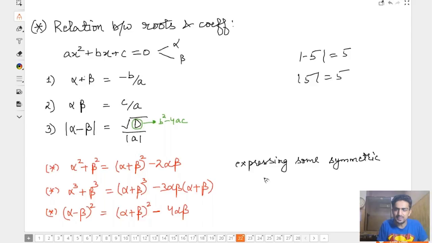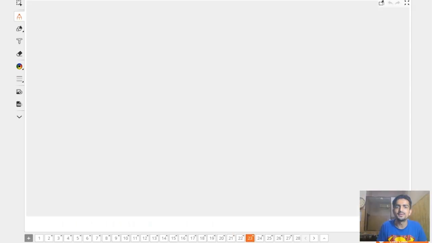I am just expressing them in terms of alpha plus beta and alpha into beta. Why am I doing that? Because in quadratic equations, these are the values which we know. So we will be requiring this thing here.